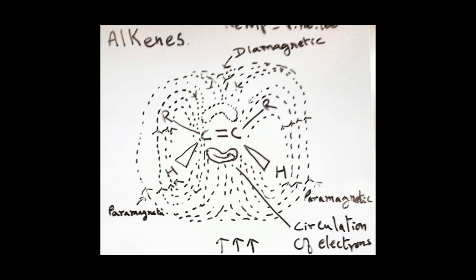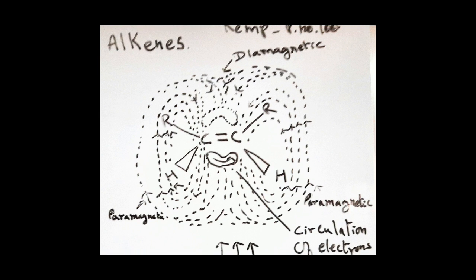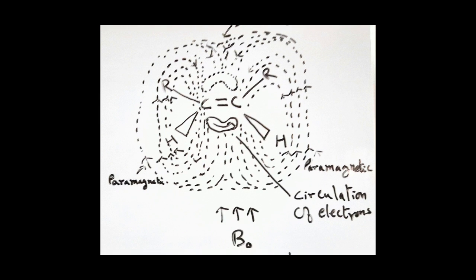The pi electrons are circulating from the bottom to the top of the ethylene molecule in the clockwise direction on one side, and in the anti-clockwise direction on the right side. But whichever direction it is, near the carbon-carbon double bond the secondary magnetic field opposes the applied magnetic field B0.